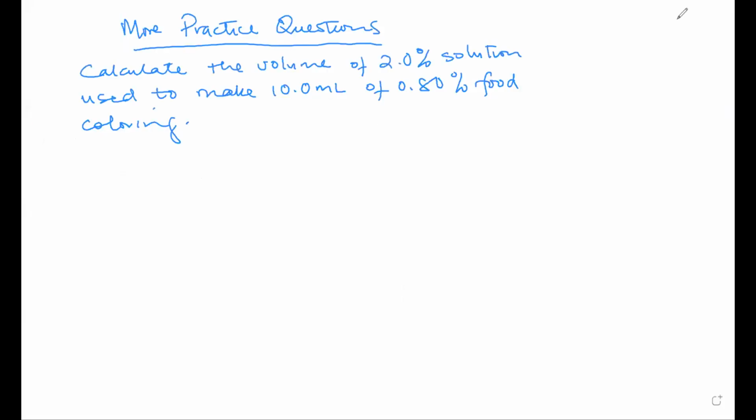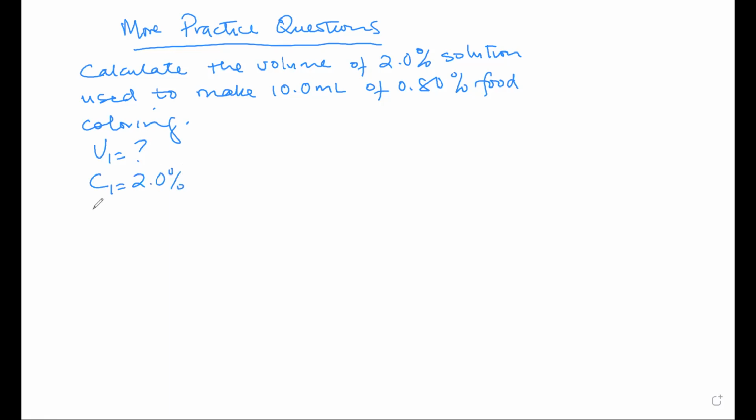Let's do the first one together. Again, this is a dilution problem. We're going from higher concentration to lower concentration. So we calculate the volume. So initial volume, we do not know. Initial concentration is 2.0%.